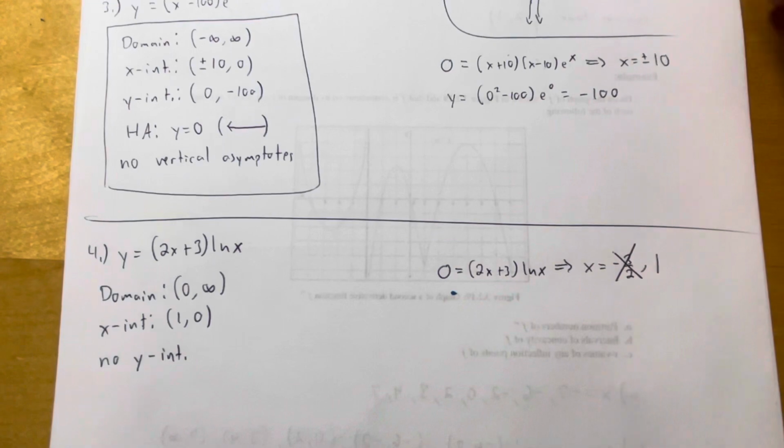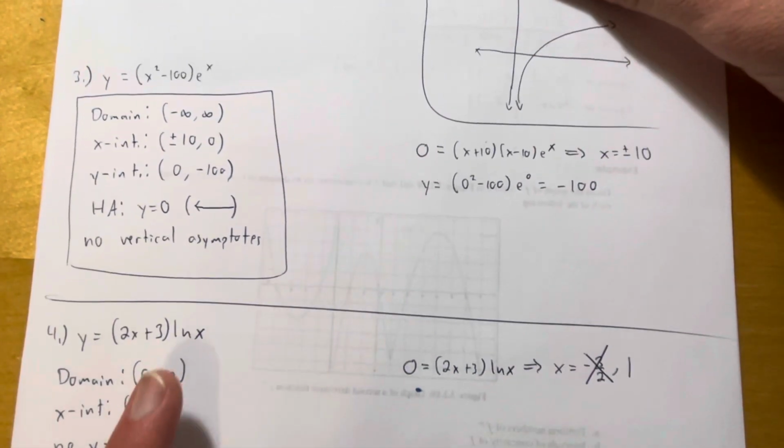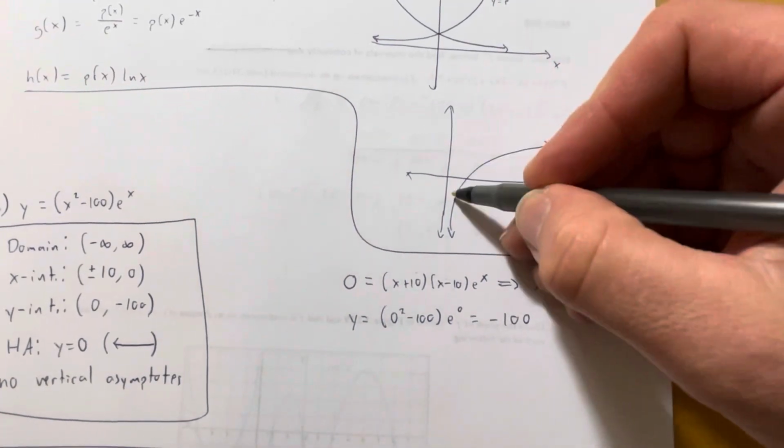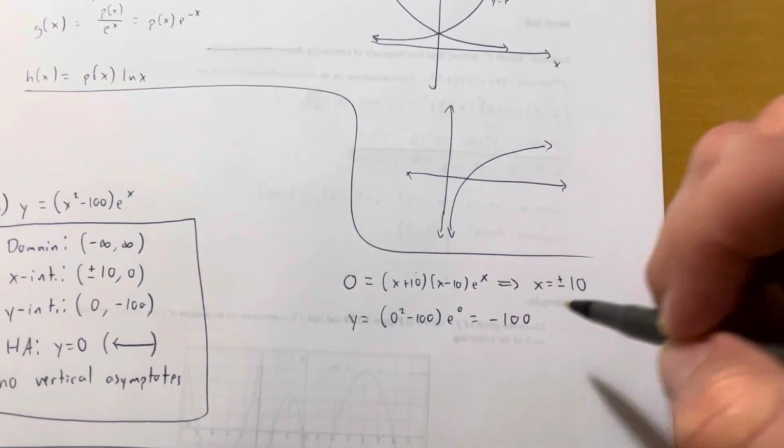Now let's look at asymptotes. Okay, we know that the natural log function, which we have a graph of here, has a vertical asymptote but no horizontal asymptote.